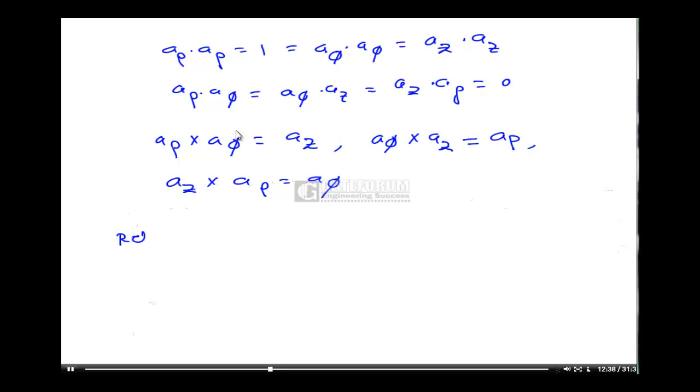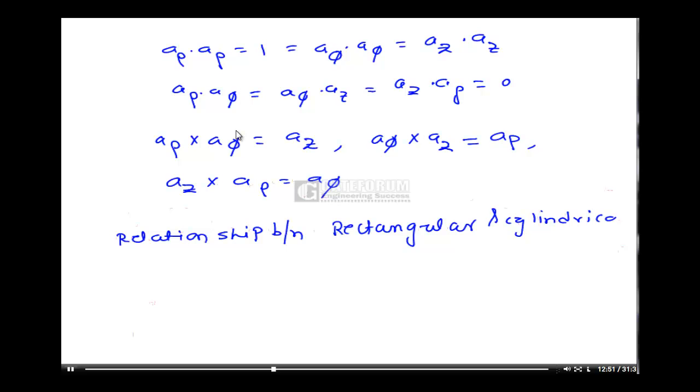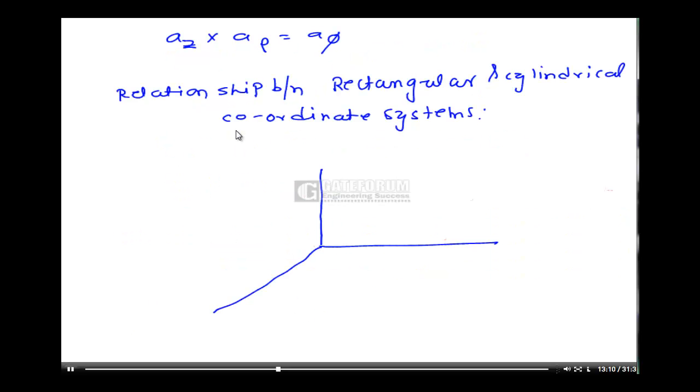Then what is the relationship between rectangular and cylindrical coordinate systems? How can we relate the two? Suppose we draw the coordinate system again: this is x, this is y, this is z.